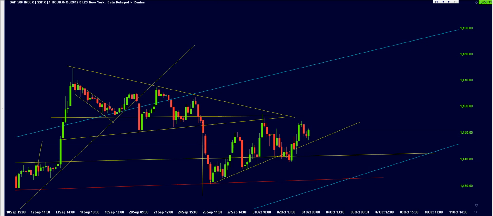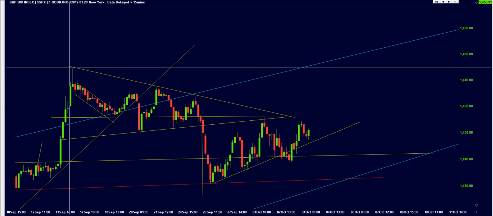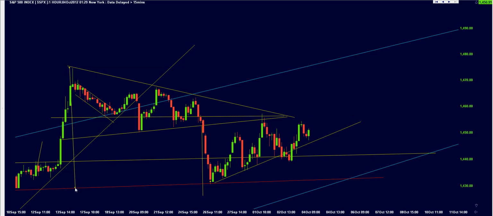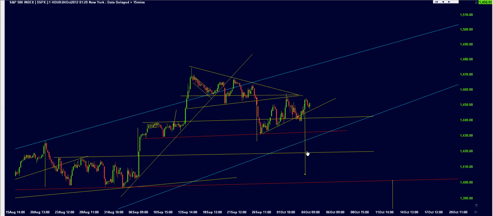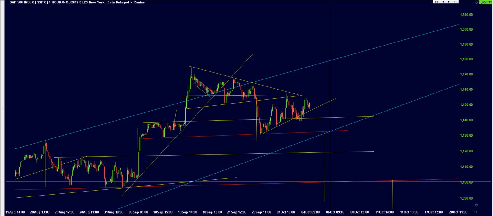Now if I just measure the depth of this pattern and we just add that on to where the neckline is, and say that the market breaks down just over here somewhere, the target from this pattern here actually exceeds this red line here, which is our potential neckline to our even larger head and shoulders pattern.